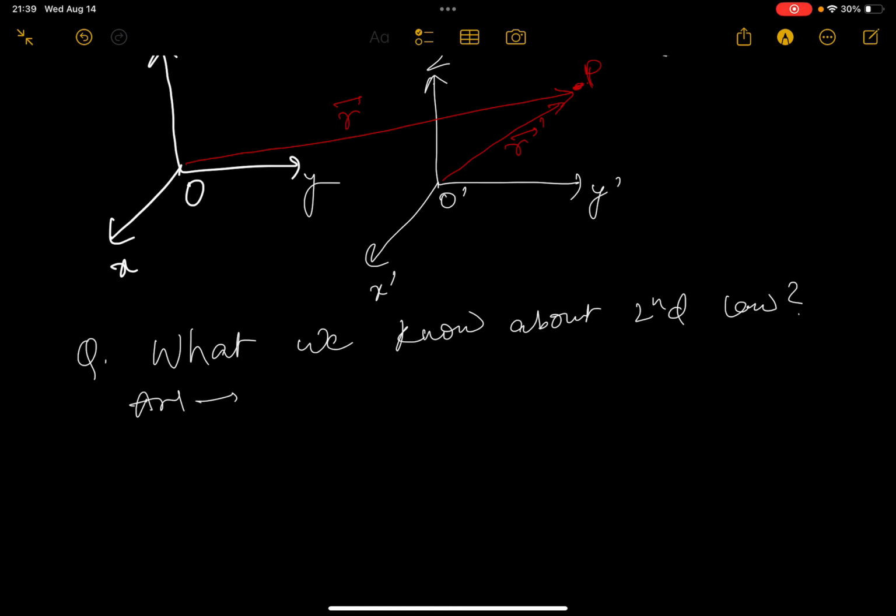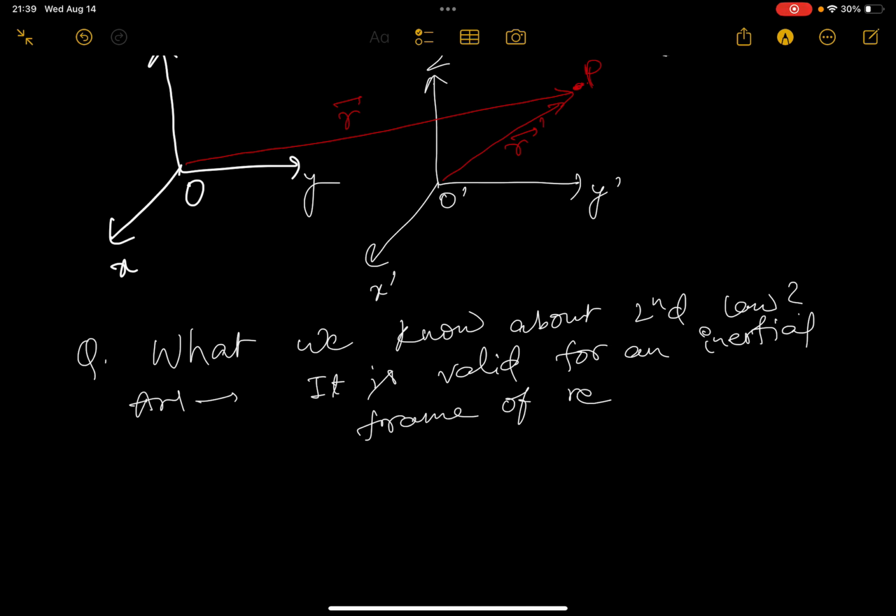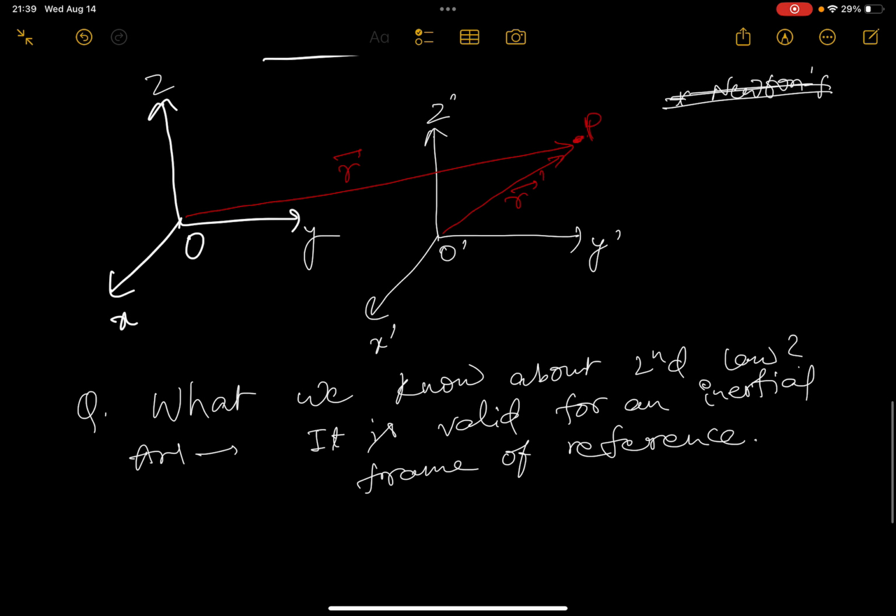The answer is, it is valid for an inertial frame of reference. So in that case we will apply Newton's second law in the inertial frame of reference Oxyz.